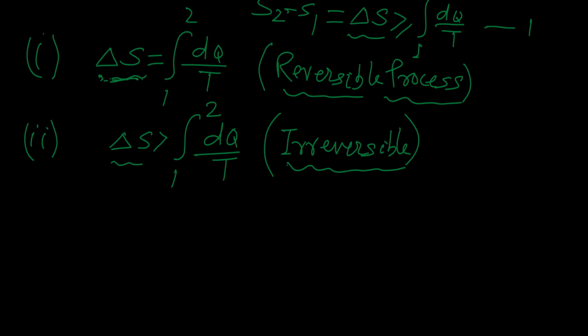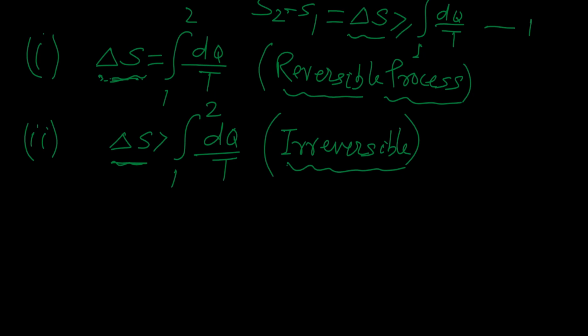But what is the exact change in entropy, we can't say. For example, let us say entropy change is 30 joule per Kelvin. It is its lowest value. In accordance with this equation, the entropy change may be 30 joule per Kelvin or more than 30 joule per Kelvin. But what more than that will not have a unique value.